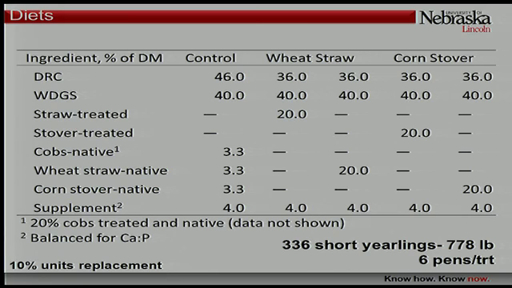We compared this control diet to replacing 10 percentage units of corn. So we're comparing 46% corn in the control to 36% corn in these diets that we tested. And we're doing that by including 20% treated or untreated residue, be it wheat straw or corn stover, as you can see.